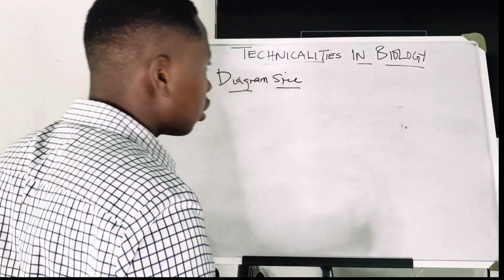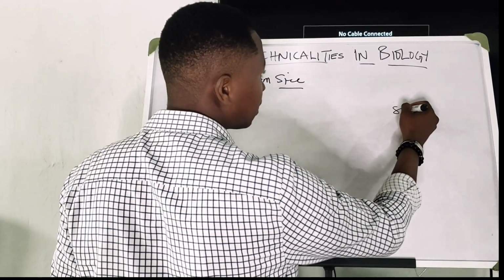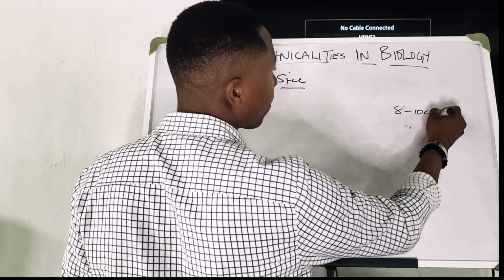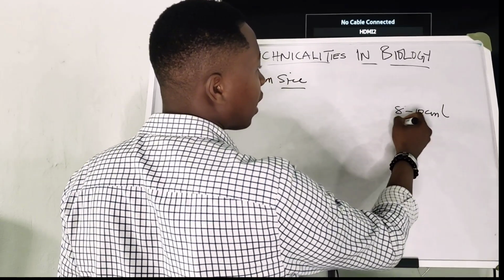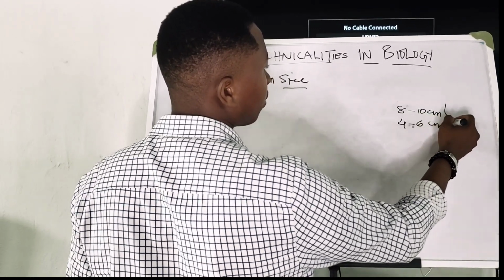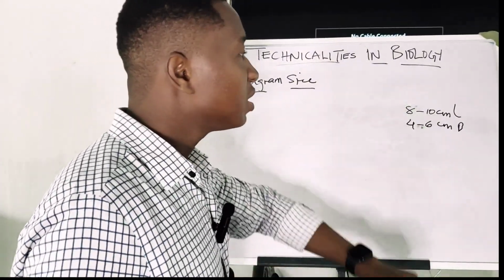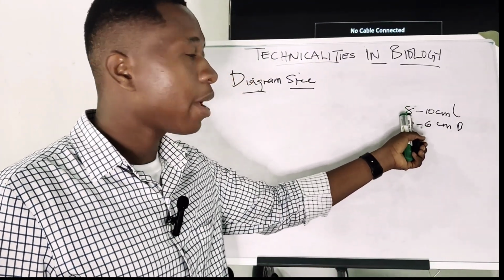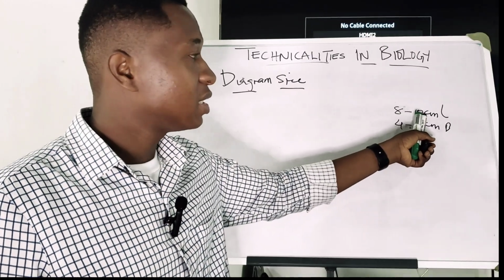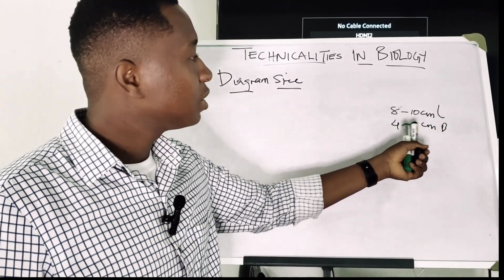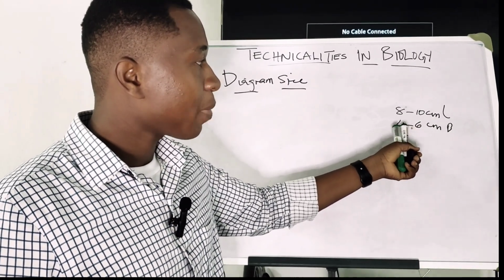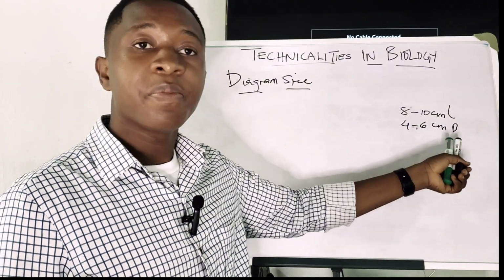They may say draw a diagram 8 to 10 cm in length and 4 to 6 cm in breadth. What this means is that your diagram should not be less than 8 cm and not more than 10 cm in length, and it should not be less than 4 cm and not more than 6 cm in breadth.